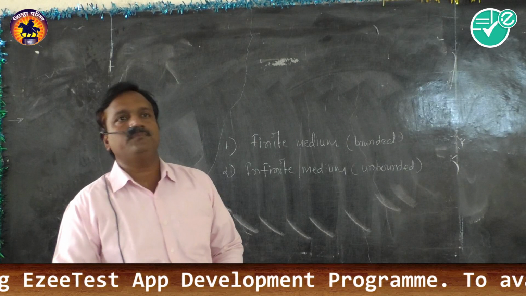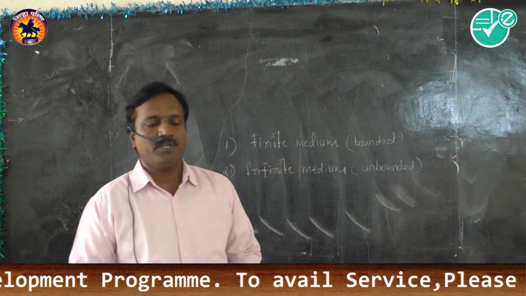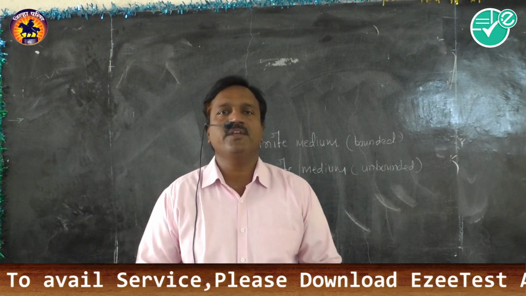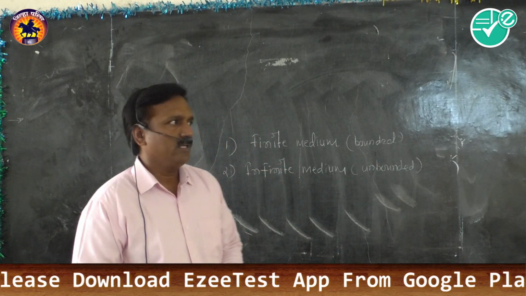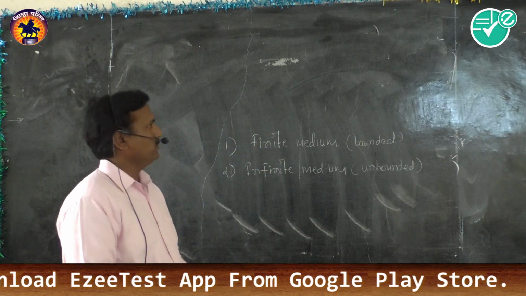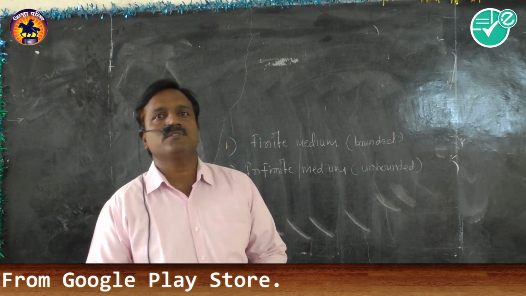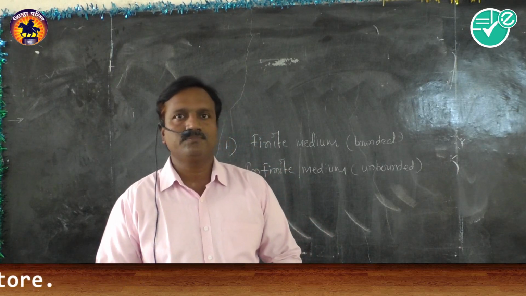A wave which requires an elastic medium for its propagation is called a mechanical wave. Mechanical waves could be longitudinal waves or transverse waves. But what happens when these waves travel through the medium?